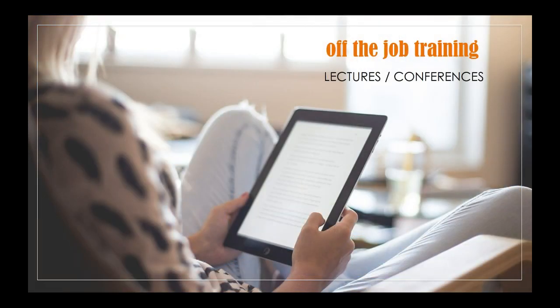Some of the job training methods where an employee completes the training outside of the workplace might include the lecture method, which could take place at an off-site training facility or at a conference that may be attended to enhance skills and keep up to date on the practice area. For HR, this might be SHRM, the Society for Human Resources Management annual conference, or some other specific conference on, for example, employee retention.